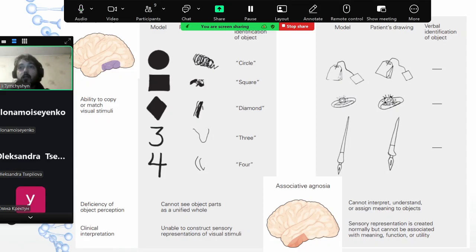The sensory representation is created normally, but it cannot be associated with meaning, function, or utility. So he's not retarded, he knows pretty complicated words and can describe what a glove is, but he cannot understand that this is a glove and it should fit his hand. So he's creating some hypothesis, like why not use it as a purse or something like that? And so that's the strange case.